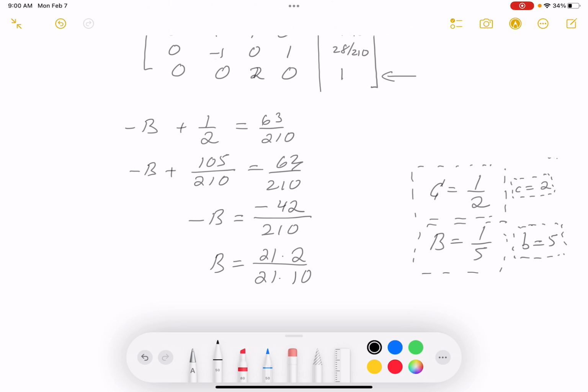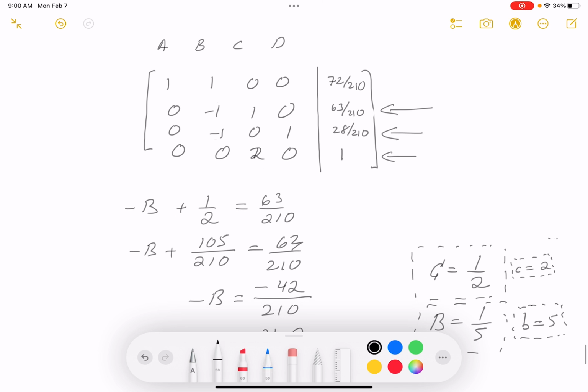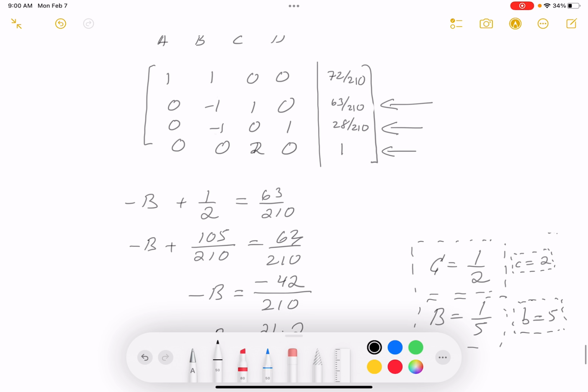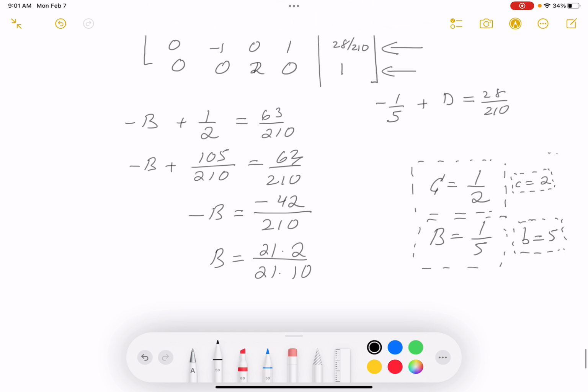All right, let's keep moving. And now I'm going to go to this row. And what would that give me? Well, the b is 1/5, right? So it's going to be minus 1/5 plus the d, that's the uppercase d, is equal to 28 over 210. Well, like I say, I should have just kept it as 42 over 210. Let me write this down.